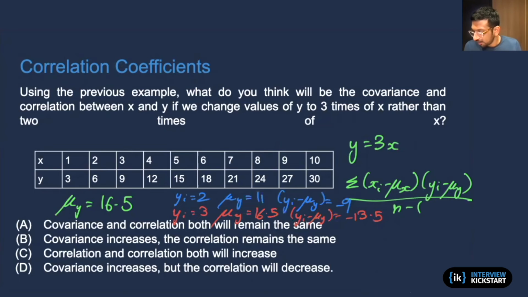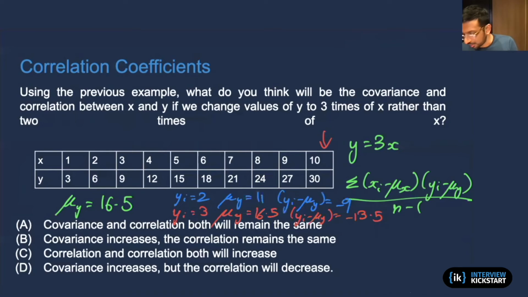minus mu y. And this spread is going to lead to an increased value of the numerator. It might not seem intuitive right now because you might be like, hey, okay, we have a higher spread at the lower end, but we will also have a higher spread at the higher end, right? When we're talking about 10 and 30, and they should cancel each other out, but no, they don't.